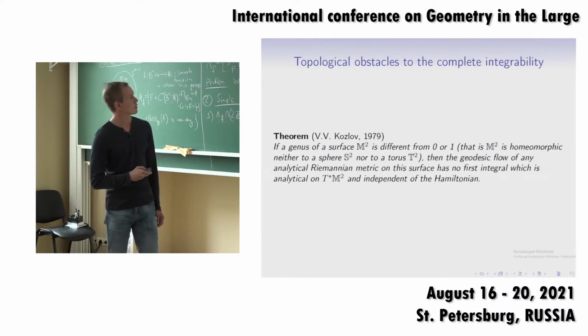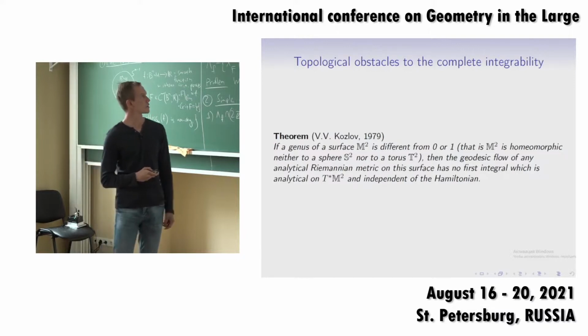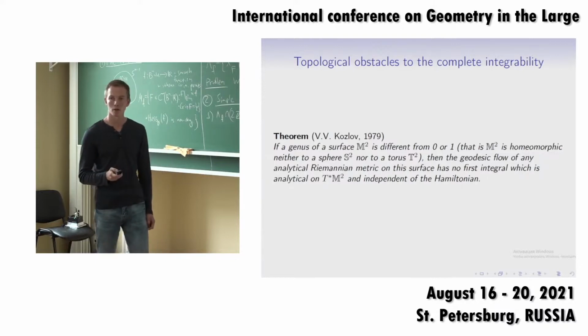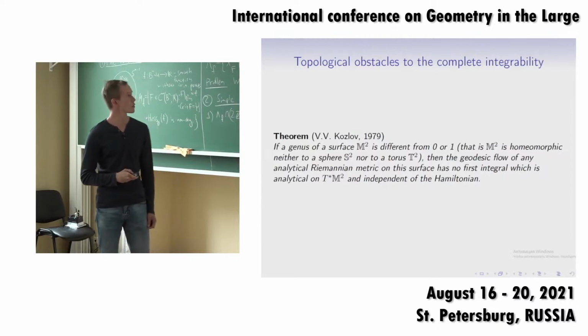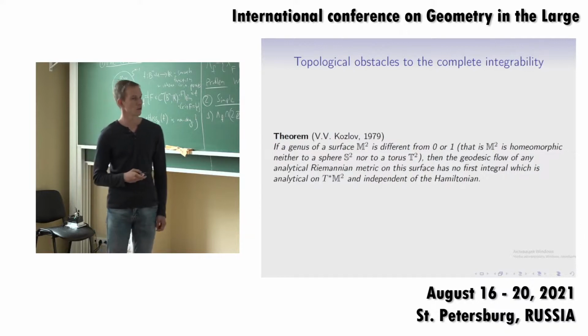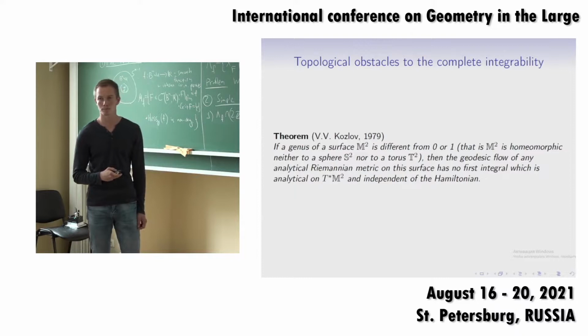One more obstacle to global complete integrability was also found by Valery Vasilievich Kozlov in 1979. That is exactly what you were asking about, by the way. If we consider a surface of genus larger than 1, then on the surface there is no Riemannian metric with integrable geodesic flow, at least in the class of analytical functions.